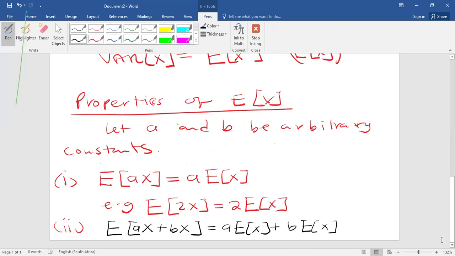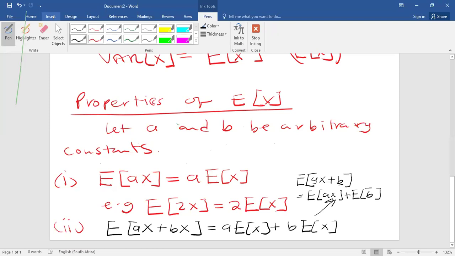Similarly, if you have aX plus b, where a and b are constants, this can be written as the expected value of aX plus the expected value of b, separately like that.